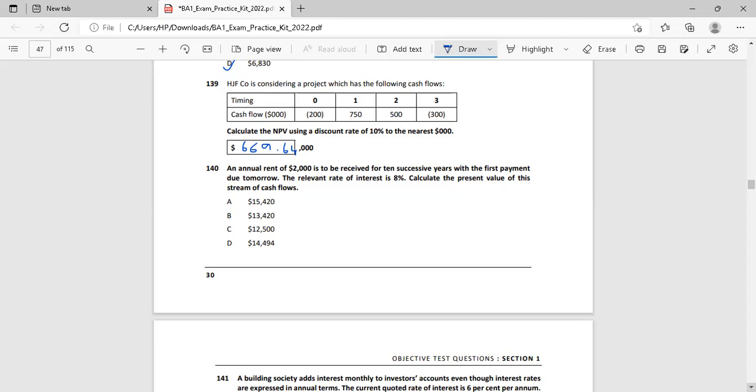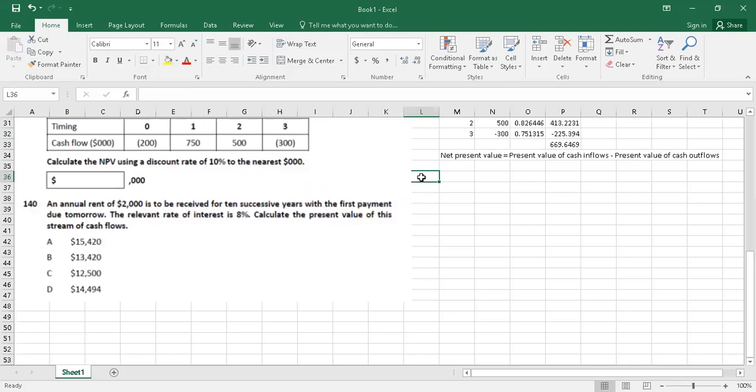Let's write the present value of the stream of cash flows.